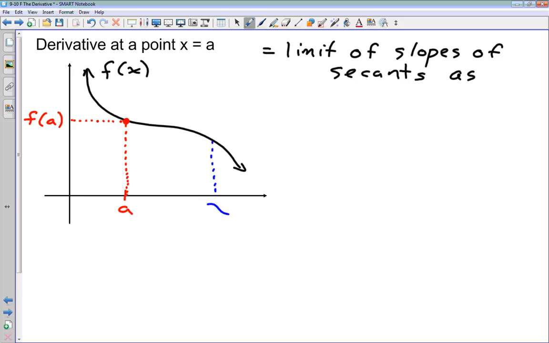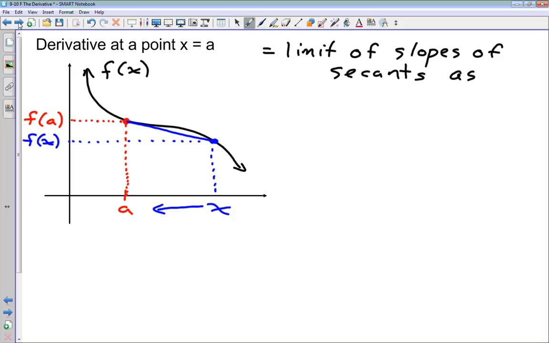And I'm going to call this point x. So we took another point on our graph. We drew the secant line between these 2 points on our curve. Our y value here is going to be f at x. And then we took the limit of the slopes of these secants as we moved x closer and closer to a. So we made these secants appear more and more like tangents.